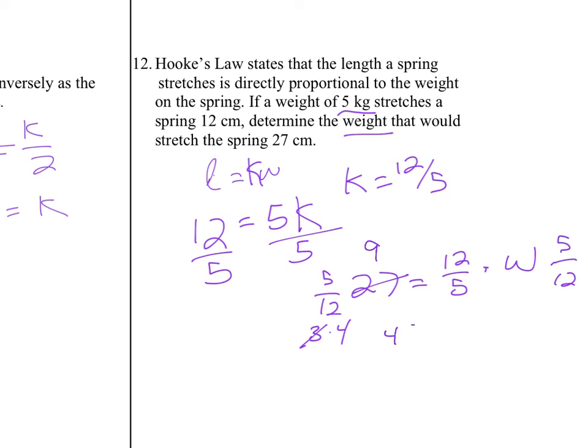So that gives me 45 over 4 is my W. And I believe the answer's in decimals. So 45 divided by 4 is 11.25.